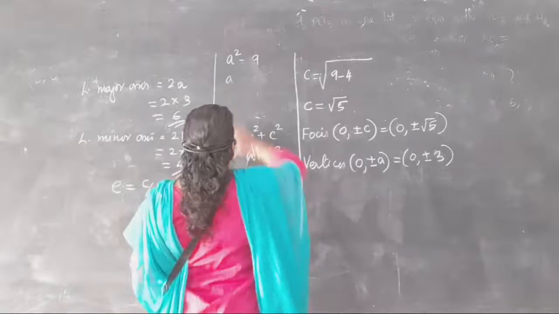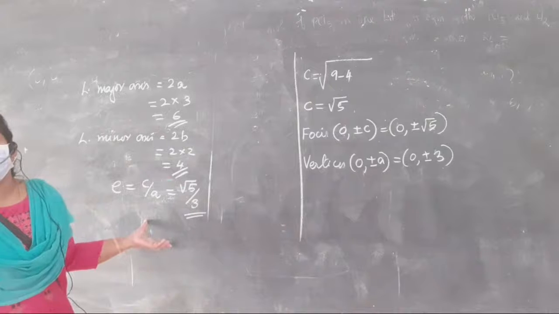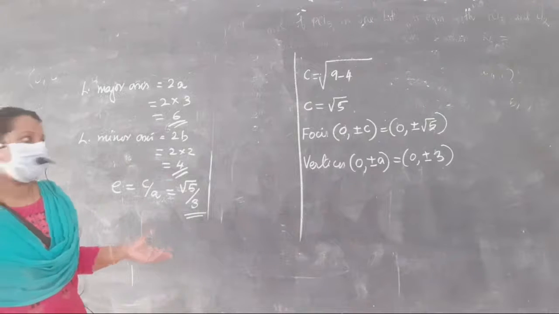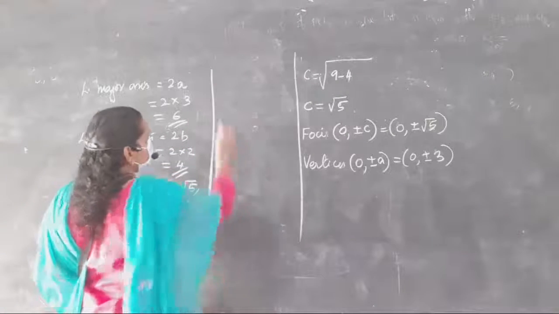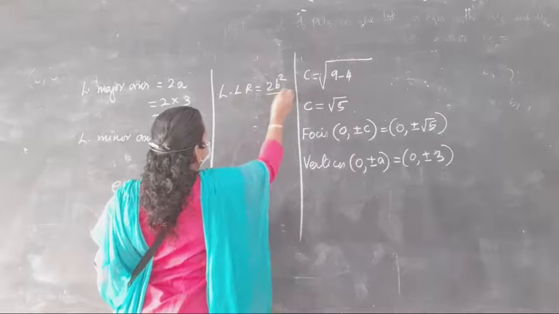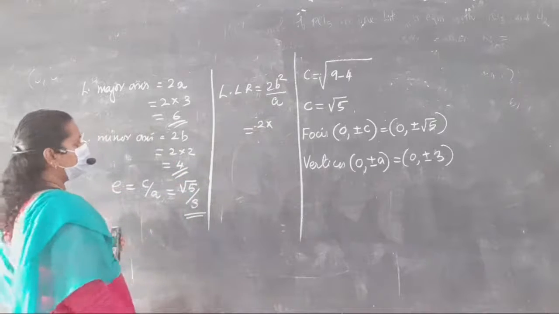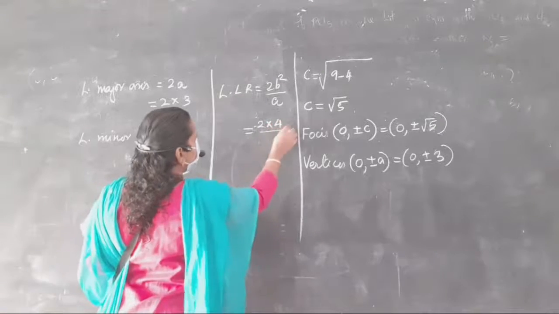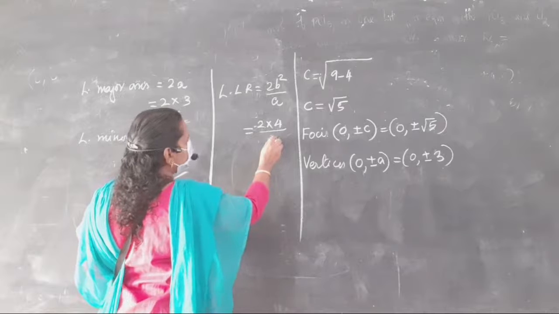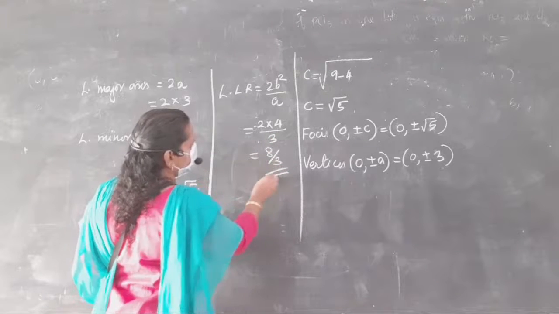Then here, what is length of latus rectum? It is length of latus rectum 2b square by a. That is 2 into b square 4 by a 3. 8 by 3.